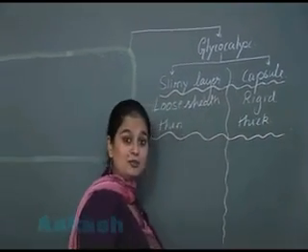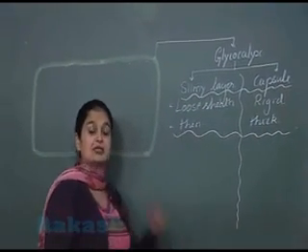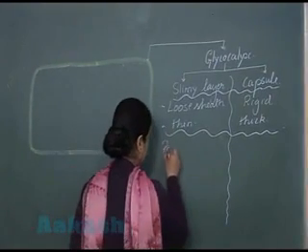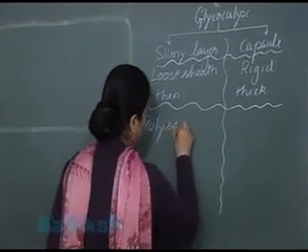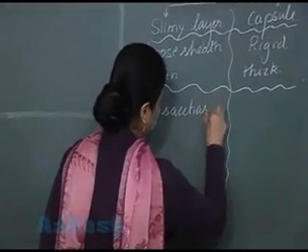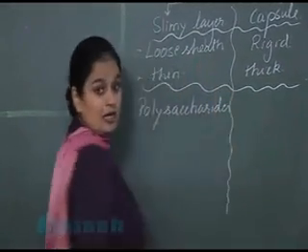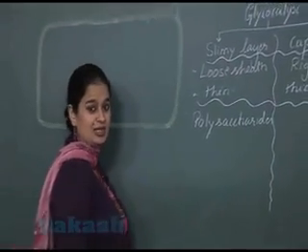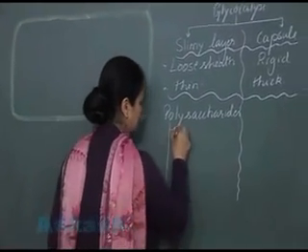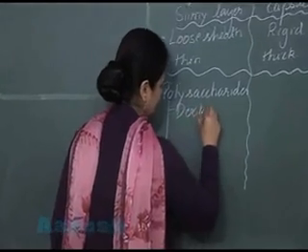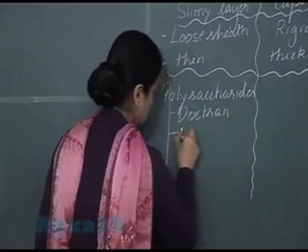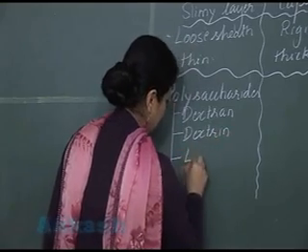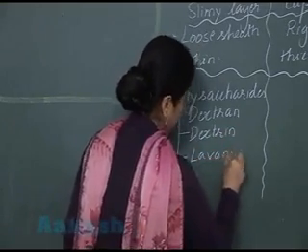Now what is the composition of the slimy layer? The slimy layer is made up of polysaccharides, carbohydrates. The types of polysaccharides associated with the slimy layer are dextrin, and levan.